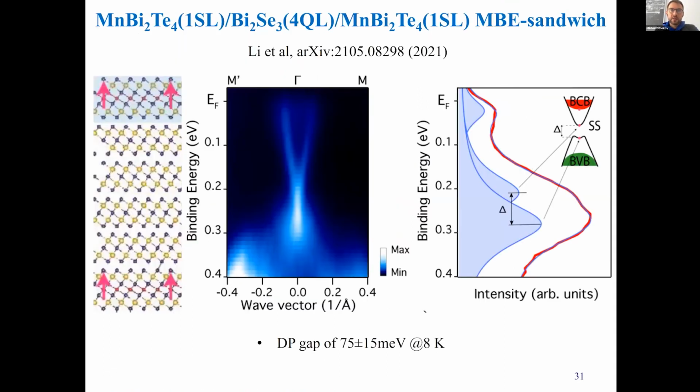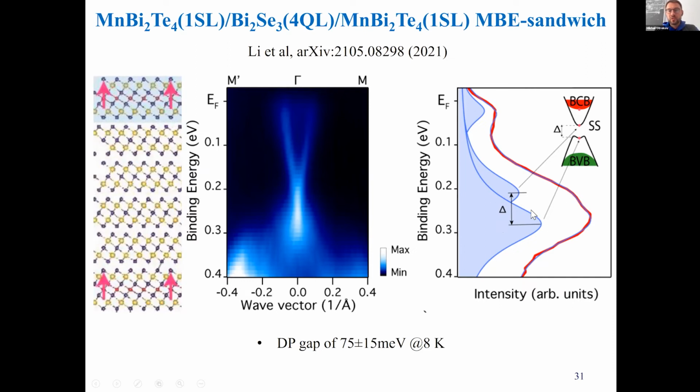e²/h. And basically, last month there has been an arXiv preprint where molecular beam epitaxy was used to grow precisely one of such sandwiches. This is the ARPES spectrum of this system. You cannot say much about the Dirac point gap from here, but if you extract the energy distribution curve exactly at the gamma point, it will look like this, and then you perform the careful fitting.